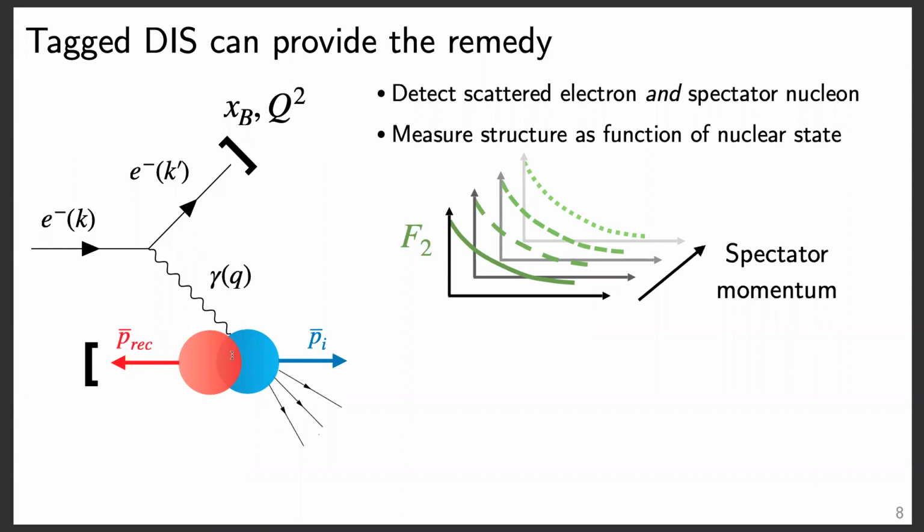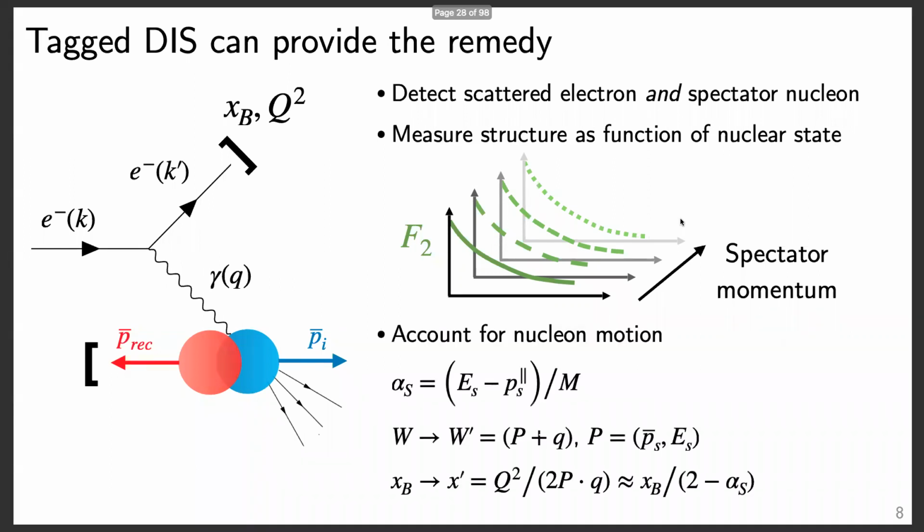And this is what actually allows you to do measurements of nucleon structure as a function of the spectator momentum, which allows you to take this differential look at structure across the nuclear wave function. Another thing that tagging allows you to do is account for the nucleon motion, which can essentially get rid of this smearing that happens based on the Fermi motion.